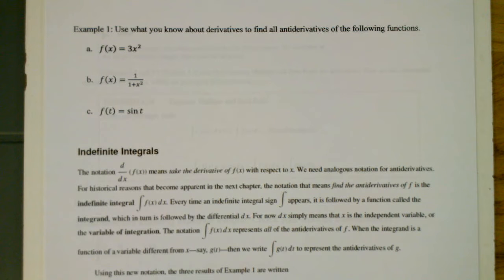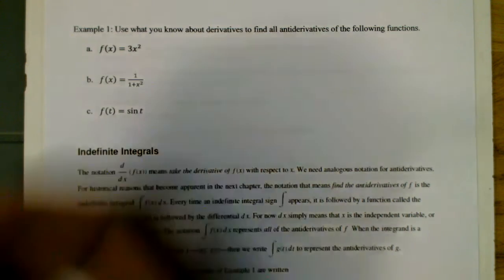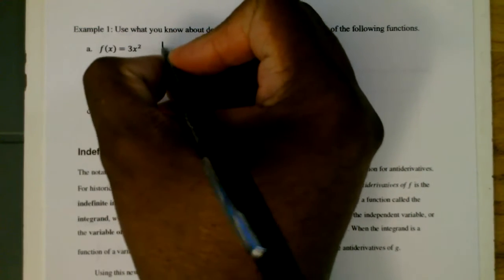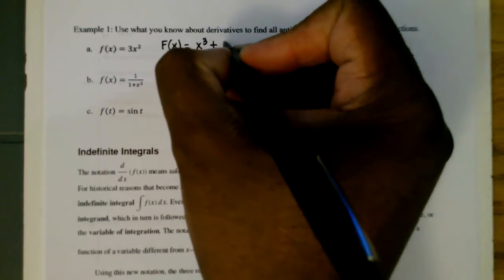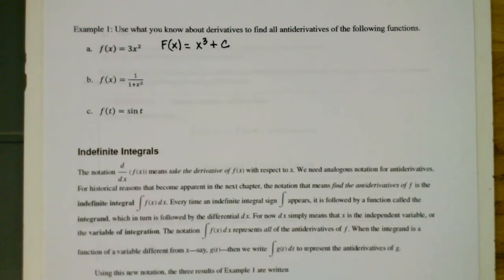For 3x squared, I know that when I take the derivative of x cubed, I would get 3x squared. So that means that capital F of x would be equal to x cubed, and then plus some constant c, because if I take the derivative of x cubed, I would get 3x squared.